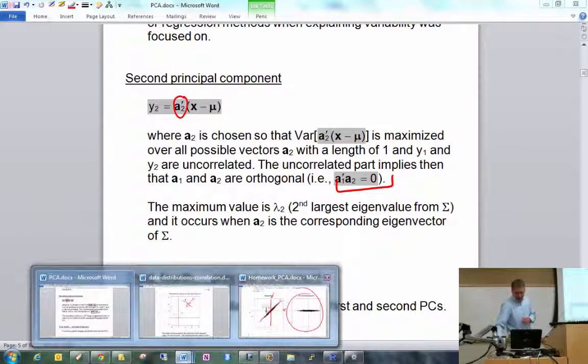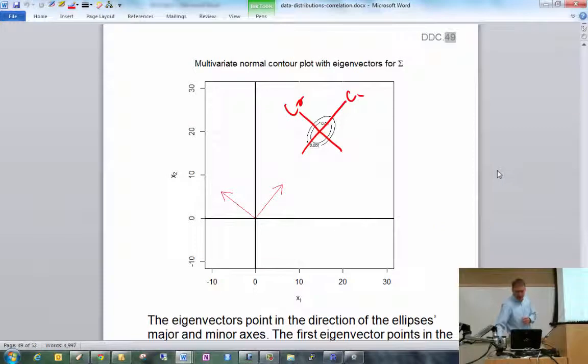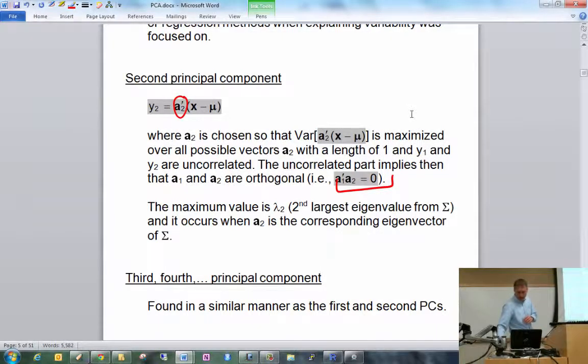I guess that also reminds me, I didn't bring this up earlier, but this comes from the data distributions and correlations section. You might remember me having a very similar discussion about drawing a new coordinate system when we were looking at the multivariate normal distribution itself. This discussion coincides with that too, so you might want to go back or even review the video on that.